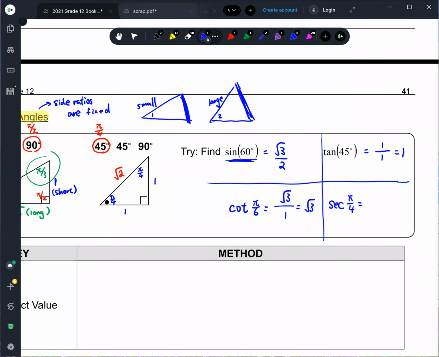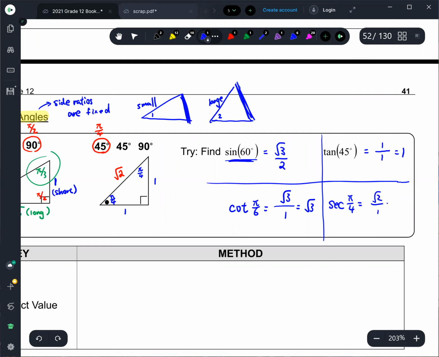All right, Callum, what's your answer? It's square root of 2 over 1. Okay, very good, which is the same as square root of 2. Secant is the reciprocal of cosine.